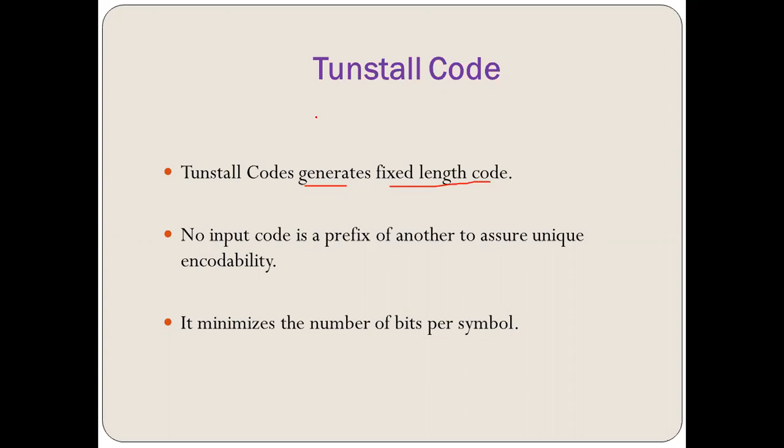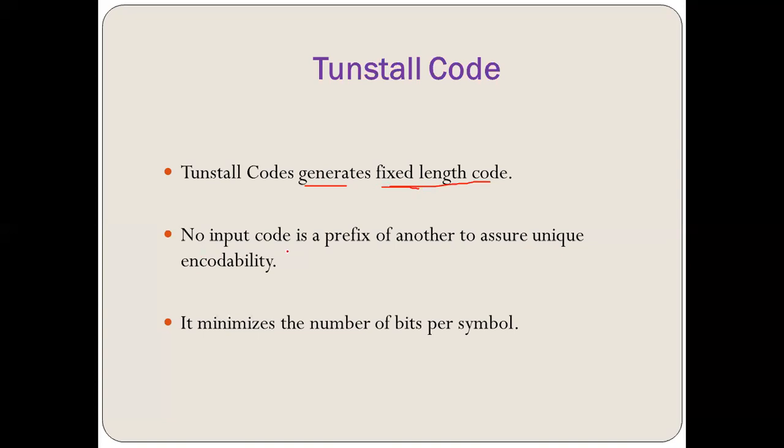Let's say if it is 2, so all the symbols will be having the code length of 2, right? Earlier we have done so many codes in which the codes were generated in variable length. So here this is the main difference, that the Tunstall code generates the fixed length code, right?